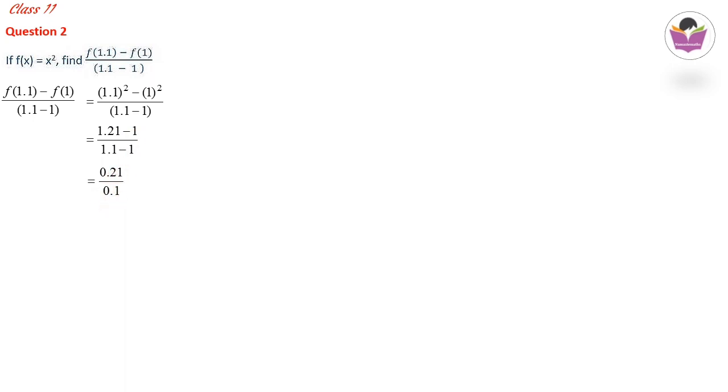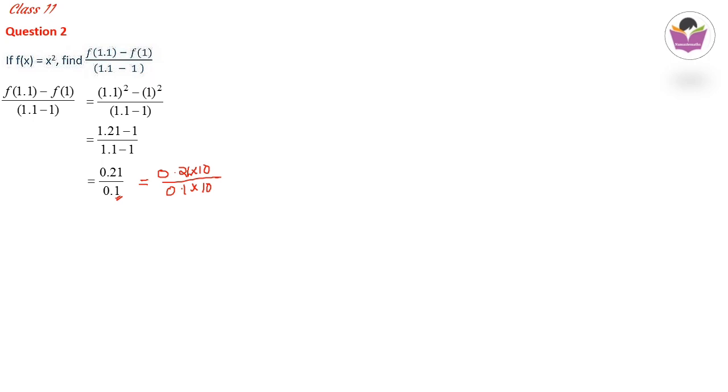So here there is a little bit of additional calculation. In the denominator, after the decimal there is only one digit. So what we have to do is multiply by 10: 0.21 into 10 in the numerator as well as the denominator. The denominator is also 0.1 into 10. What I have done is I just multiplied 10 in the numerator and denominator.